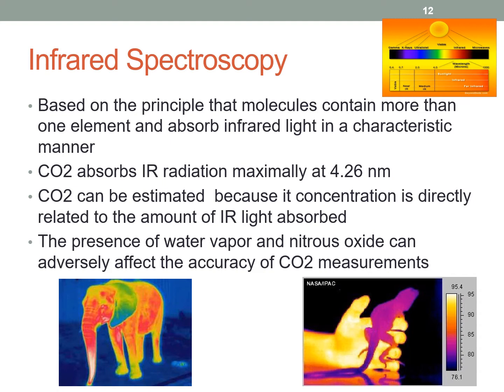The biggest takeaway about this is that the presence of water vapor and nitrous oxide can adversely affect the accuracy of your CO2 measurement. We'll talk about that in a couple of minutes. Don't get too hung up on that. I'll tell you the stuff that we're going to see again: the water vapor.